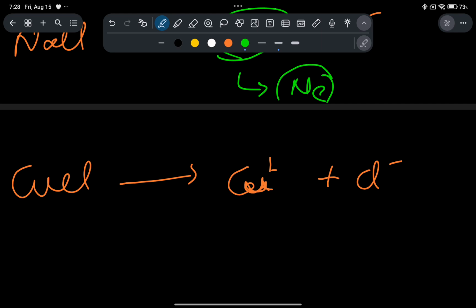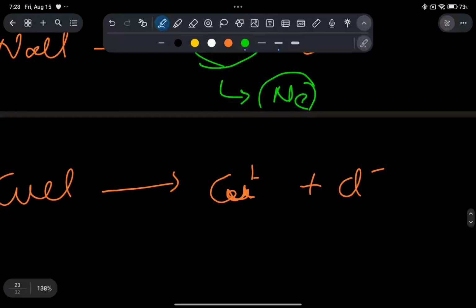So if you see here, after losing one electron, the copper has a pseudo gas configuration.